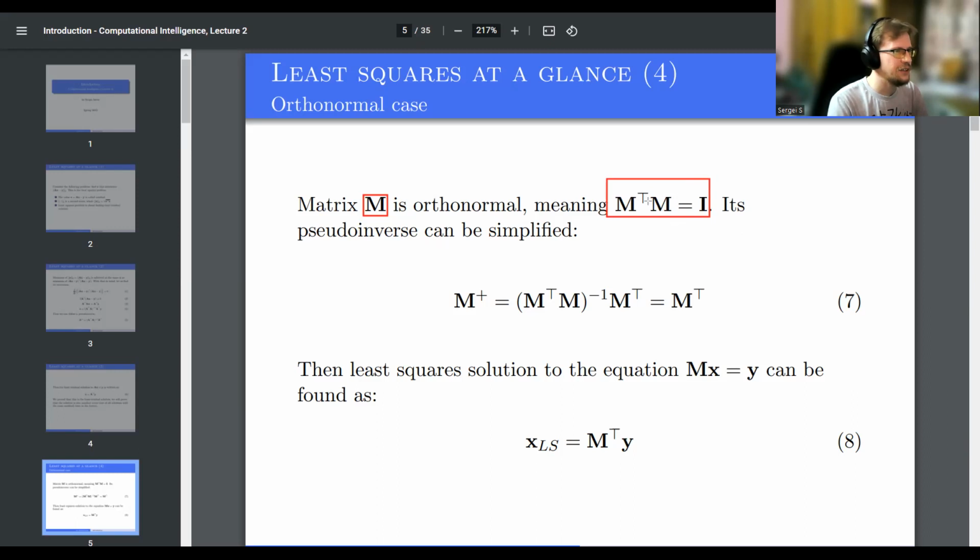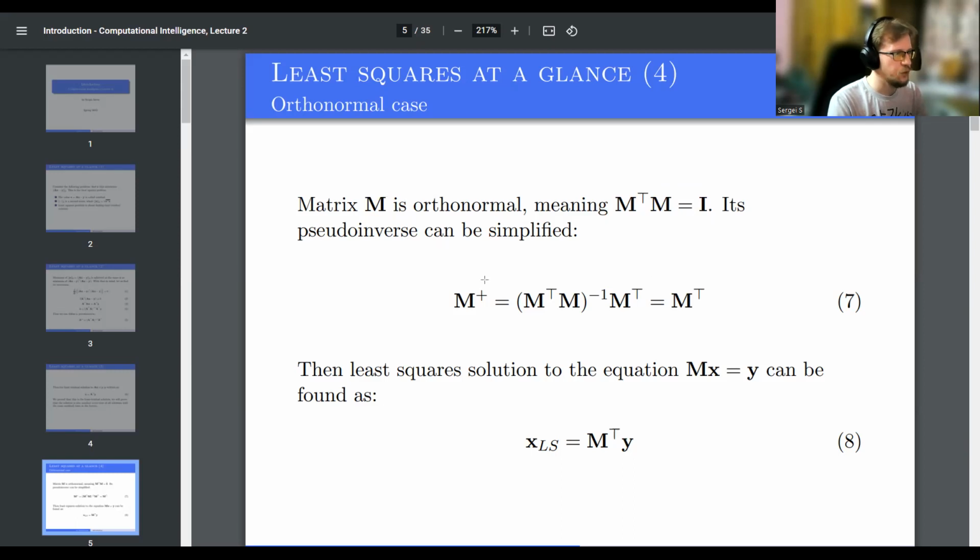So the matrix times itself is identity. Of course, with a transpose here, because that's how you multiply something by itself. You can say it more fancily: the dot product of the columns of the matrix with themselves gives us identity. That is what it means to be orthonormal.